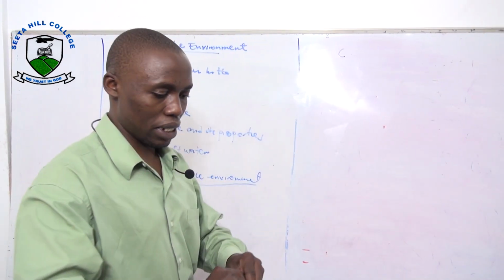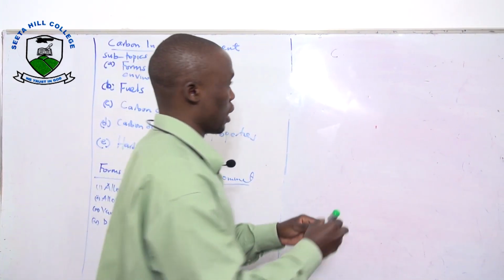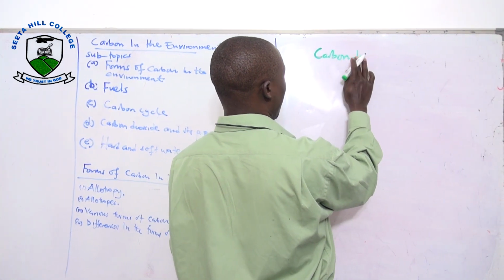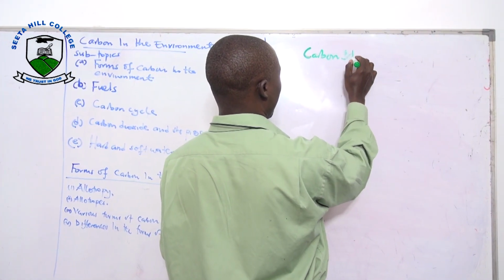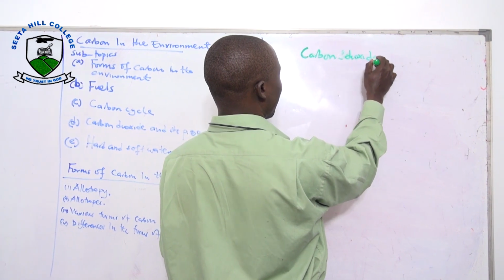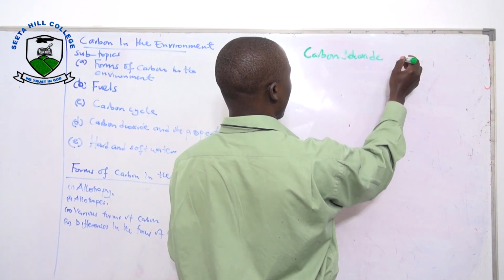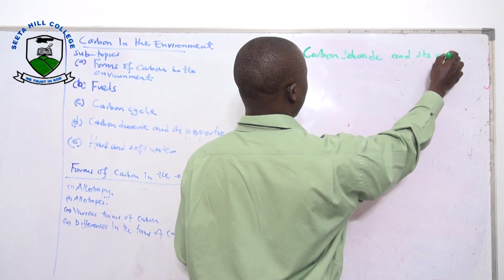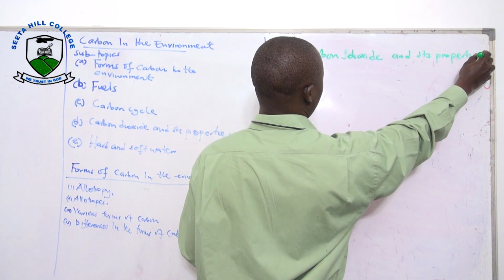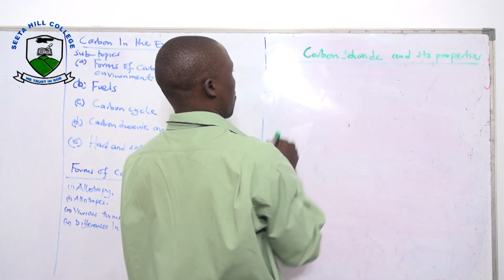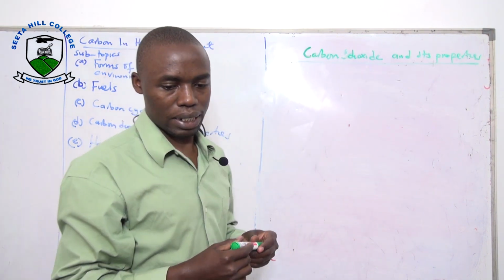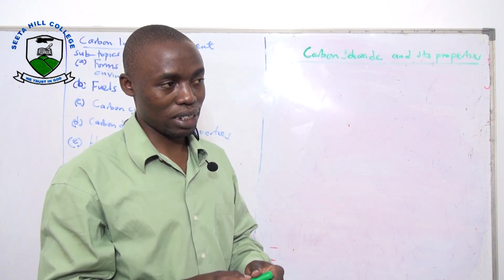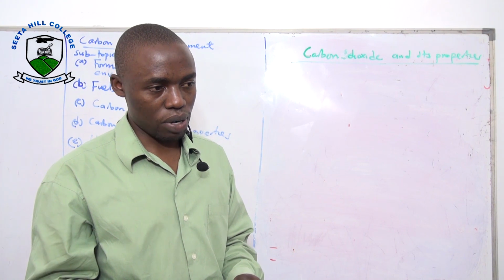Now when you are writing, it's good to leave space there. Carbon dioxide and its properties. Now we can prepare it in the laboratory. That gas is very important to us because of its uses.